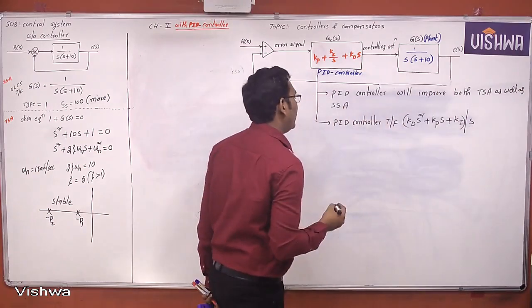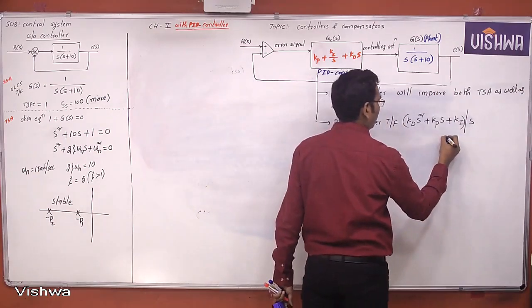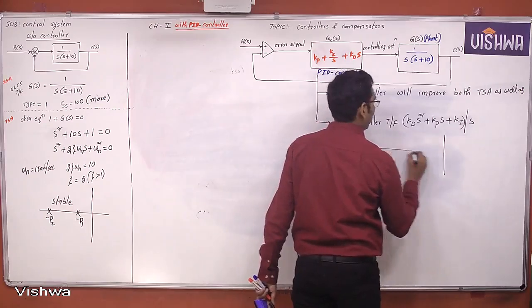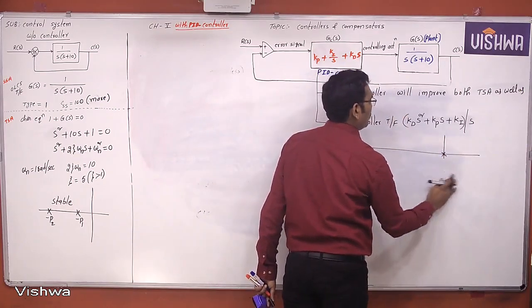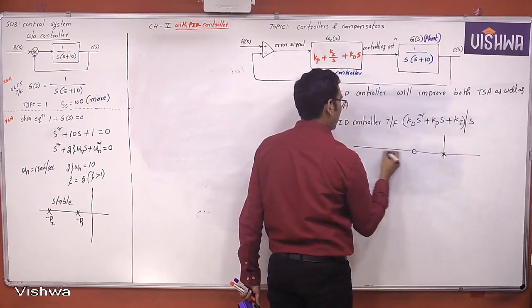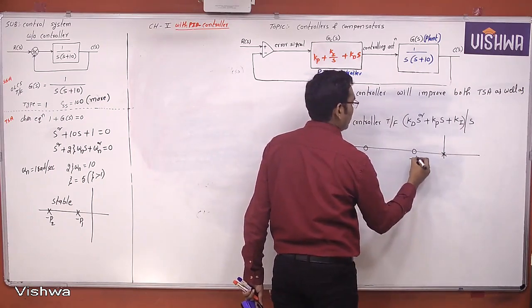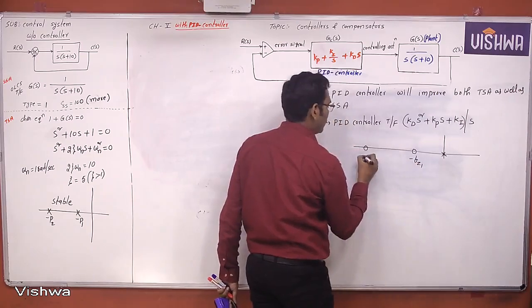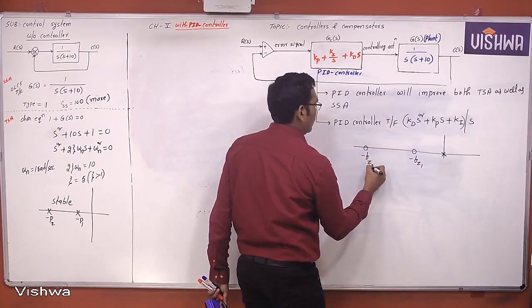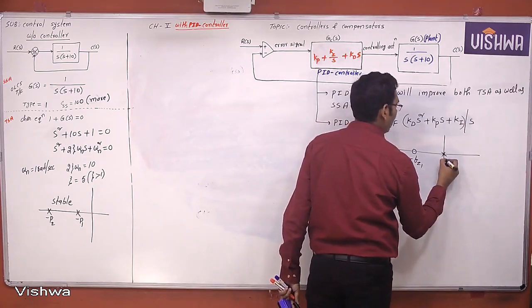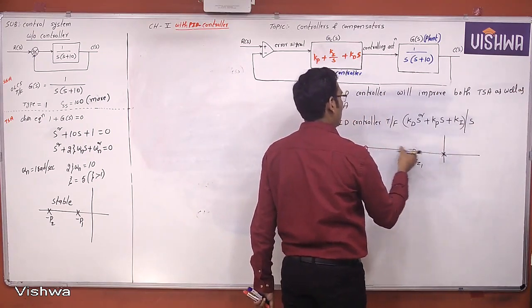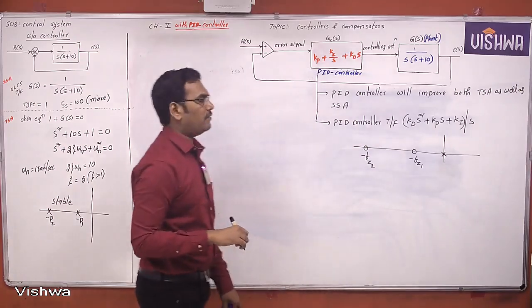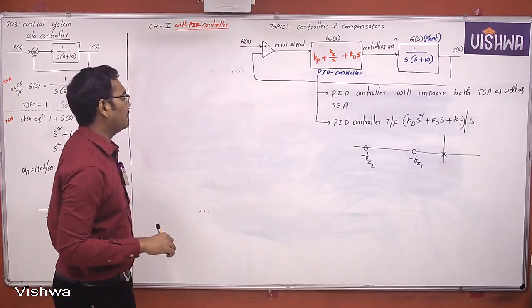The PID controller will produce one pole at the origin and two finite zeros in the left hand side of the s plane.